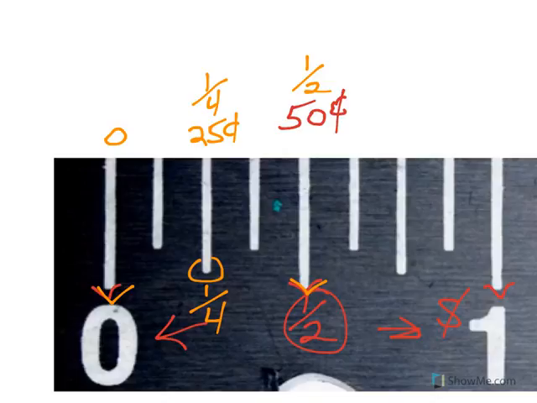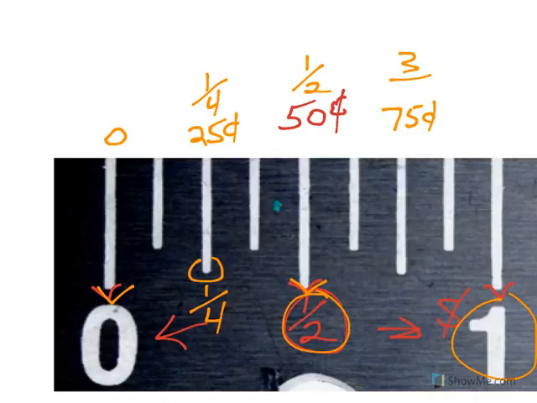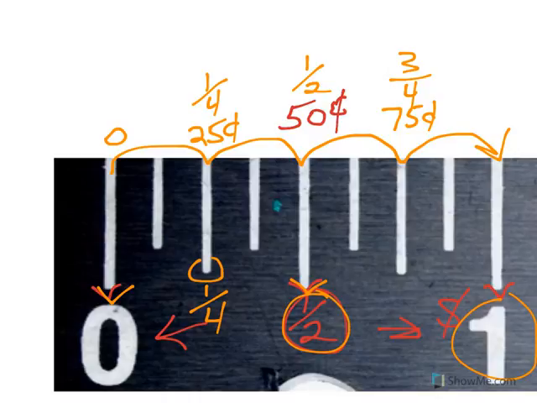Here we have 50 cents, or if you prefer, a half a dollar. And then if we go halfway between the half and the full dollar, we would have what? 75 cents, or if you prefer, 3/4. So now when you think about this inch, it becomes a little bit easier because we have 1/4, 2/4, which is 50 cents, 3/4, which is 75 cents, and 4/4, and so we have a dollar.